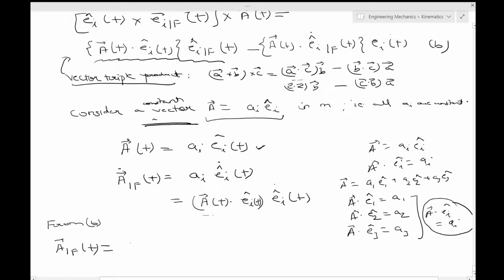That should give us e_i of t cross e_i of f, all with respect to time, needless to say. We are writing time just so that we don't forget that there is time. Otherwise, if we stop writing, we often tend to forget. Okay, so that's there. Now the second term would be this term.